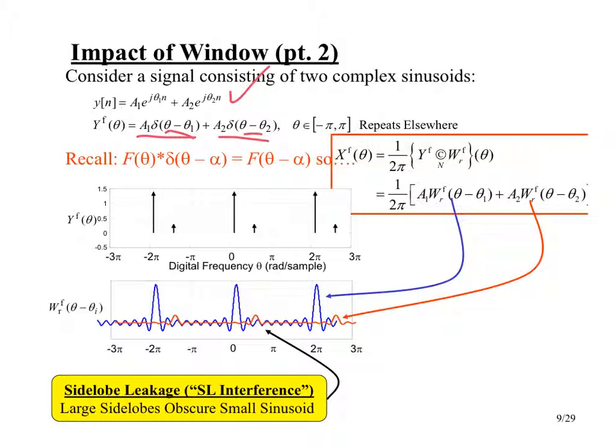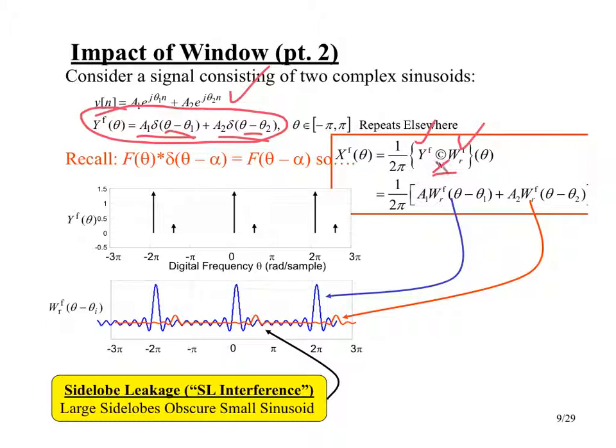Then our theory says that we take this spectrum and circularly convolve it with the spectrum of the window DTFT. So here's the window DTFT, here's our theoretical spectrum, and we're going to do a circular convolution here.